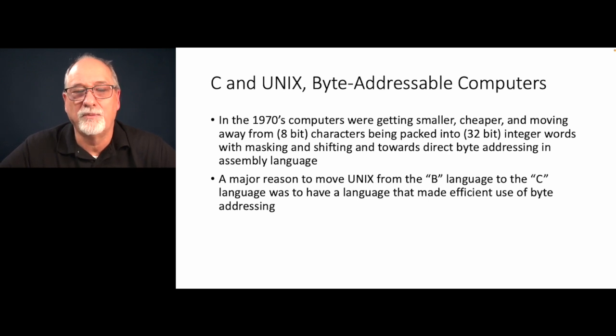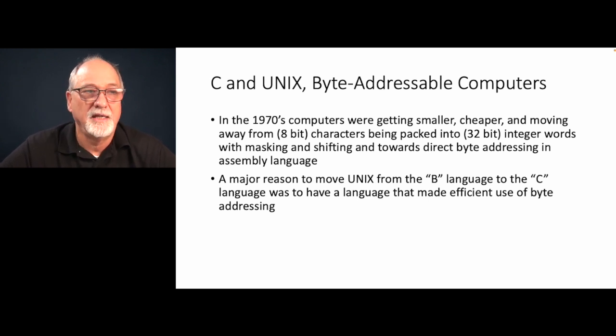You couldn't, in the hardware, load a character. You could only load a word, and then you had to find the character within the word. The language that was the immediate precursor to C was the B language. B was a really cool, low-level, word-oriented language, and then C came from B and became a byte-oriented language.